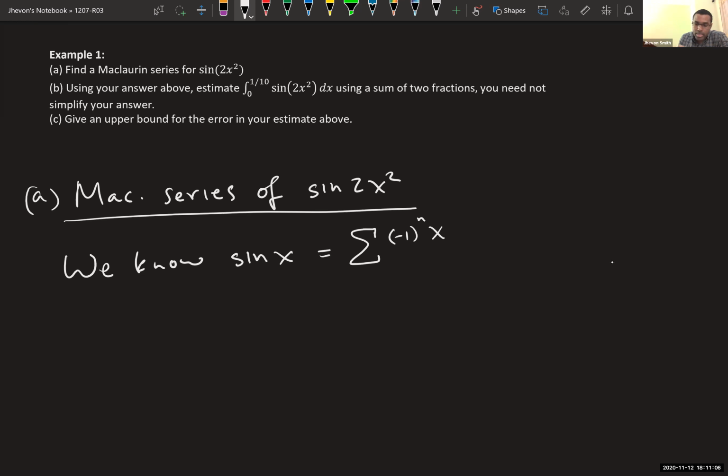Right. So I'd probably write it in this version here. I know part B says you only need to do 2 terms, but part A did not say that. So you definitely want the more general term here. So that's sine of x. So this means that if I want sine of 2x squared, I literally just go in and plug in 2x squared everywhere.